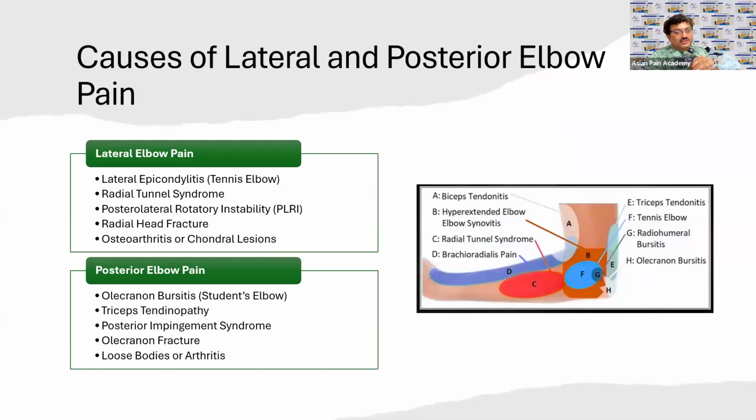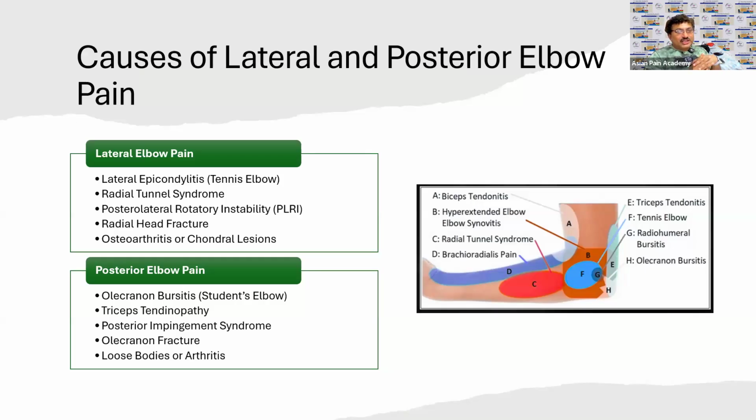If you look at the causes for the posterior elbow pain, the common causes include the student's elbow, which is basically a superficial bursitis, which remains very superficial just above the olecranon, and between the skin there is a bursa. So if the fluid accumulates because of the repeated friction, which is common among the students because of the long writing, that is known as the student's elbow or olecranon bursitis.